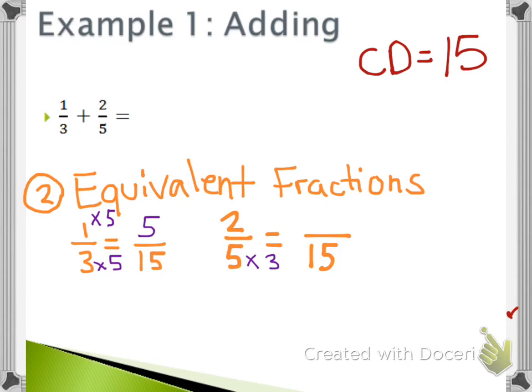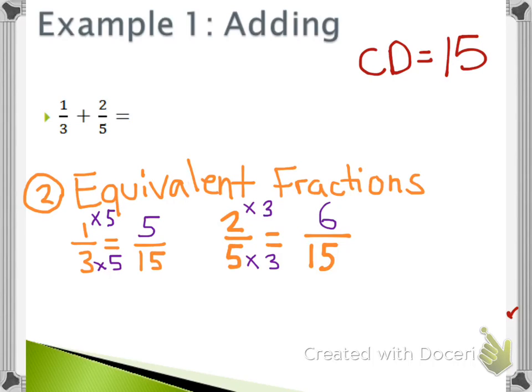And so since I did that to my denominator, or the bottom, I need to also do that to the top, or my numerator of 2. So I need to multiply the 2 here by 3 as well, and that's going to give me 6. So now I have the equivalent fraction for 2/5 figured out.